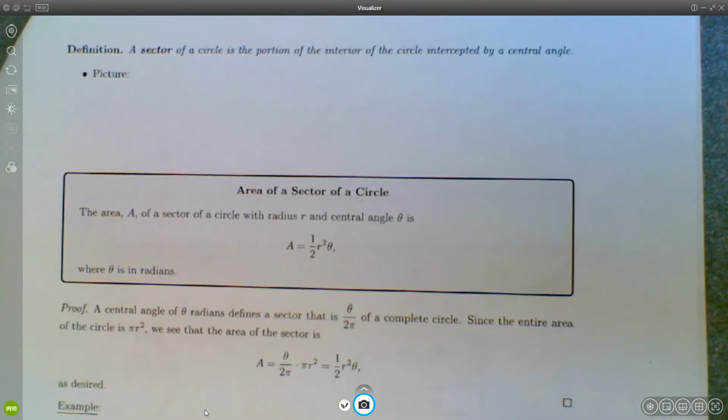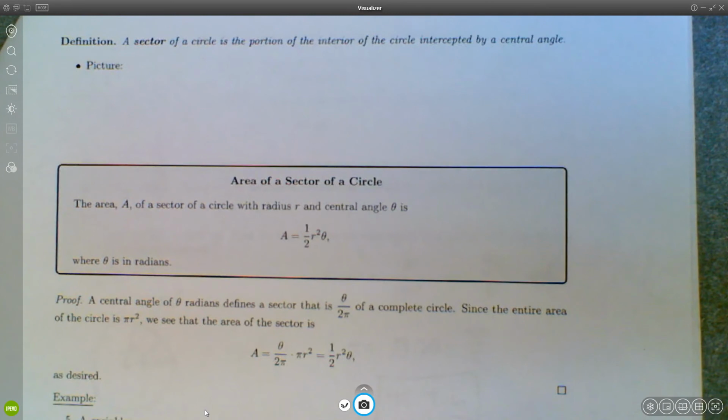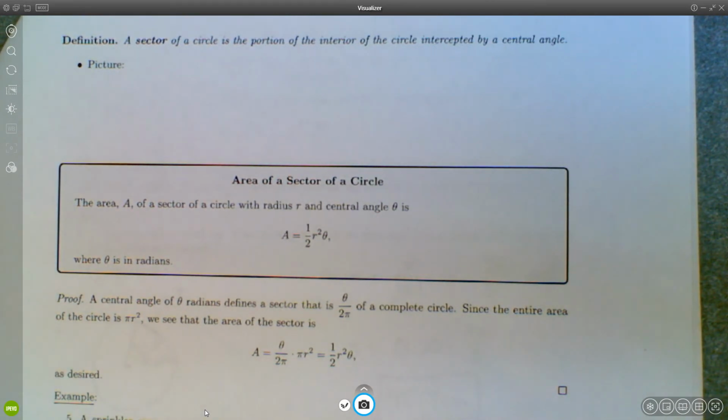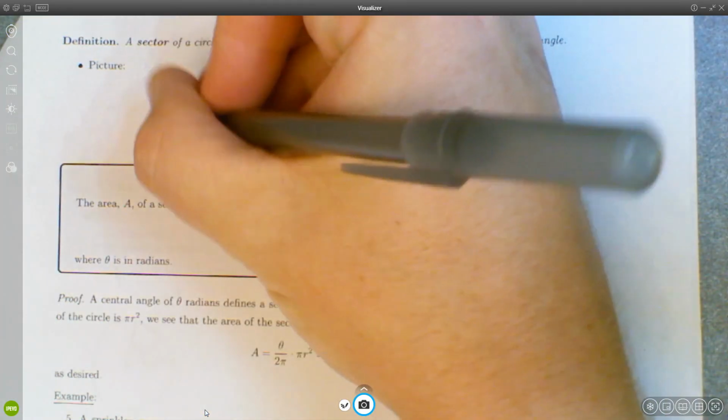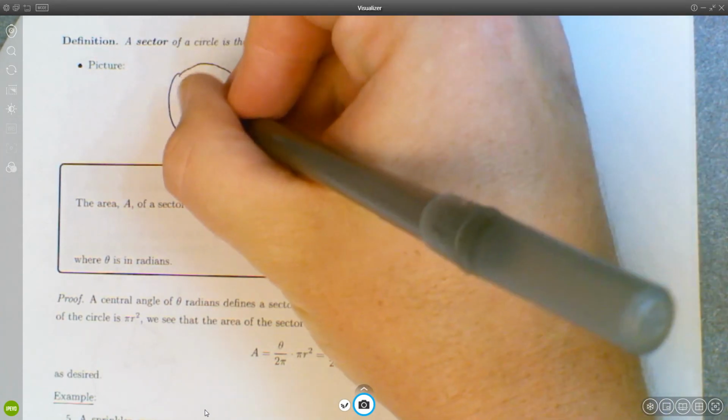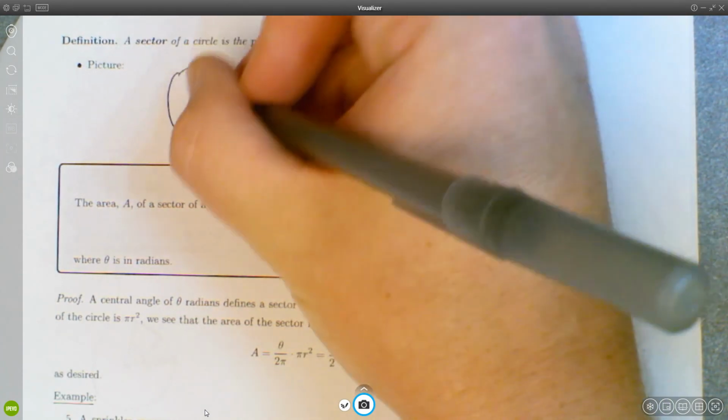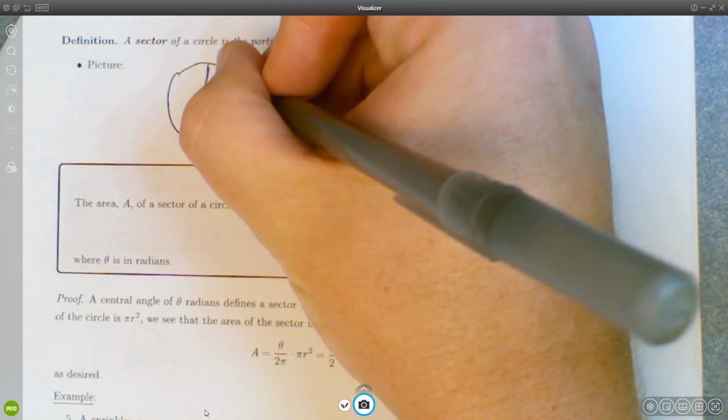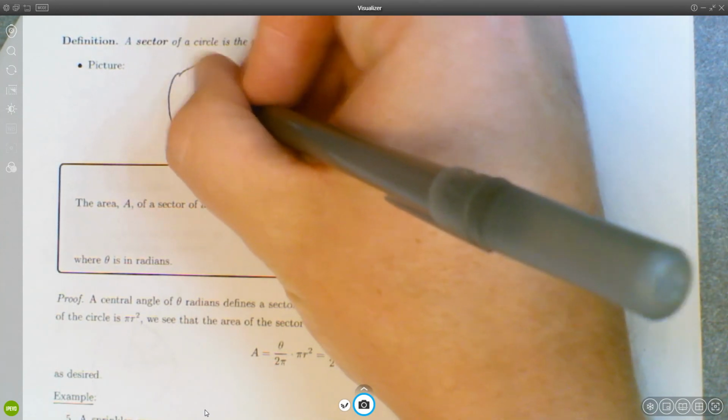so that's arc length. Another application of radian measure is the area of a sector. So a sector of a circle is the portion of the interior of the circle intercepted by a central angle. So here's a picture, right? So this is a sector.